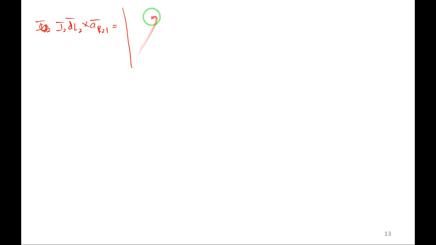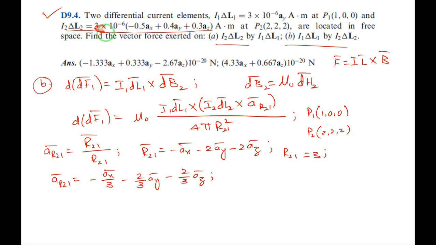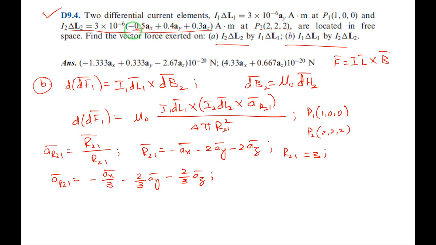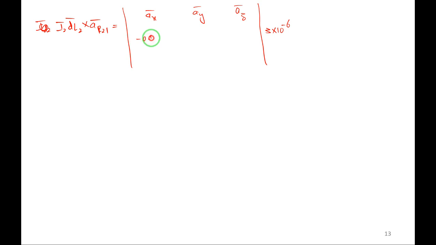I'll go to the next slide. This is anyhow in the Cartesian system, so ax, ay, az. Then write down the components of I2 dl2. The 3 into 10 power minus 6 I will take outside, it is anyhow common. Then components x, y, z are minus 0.5, 0.4, 0.3.